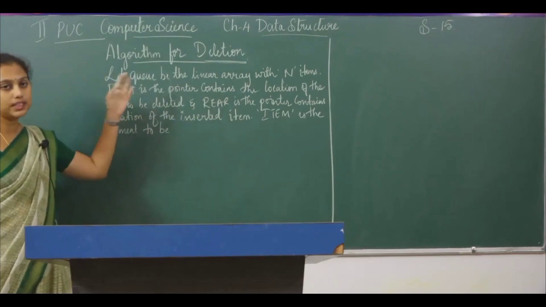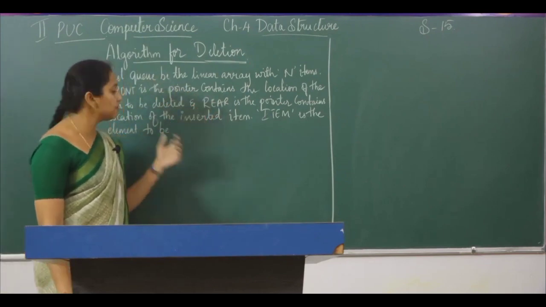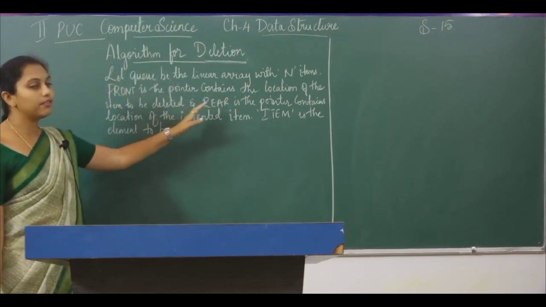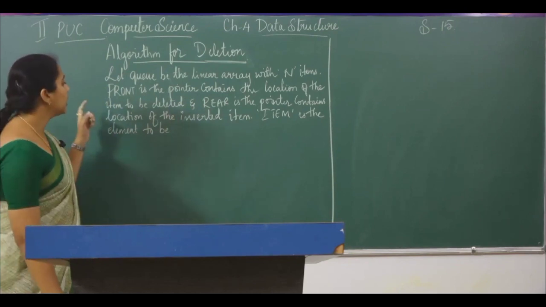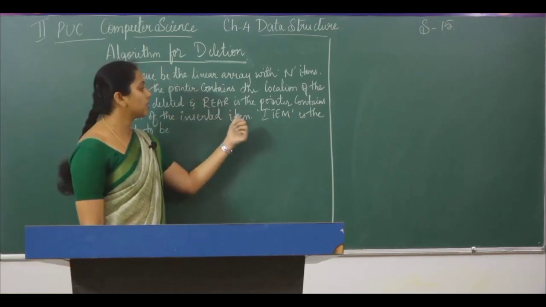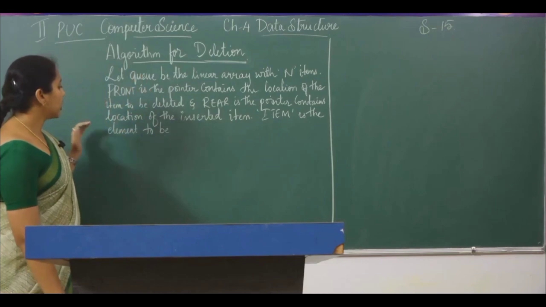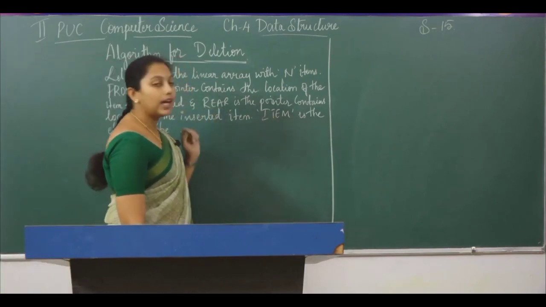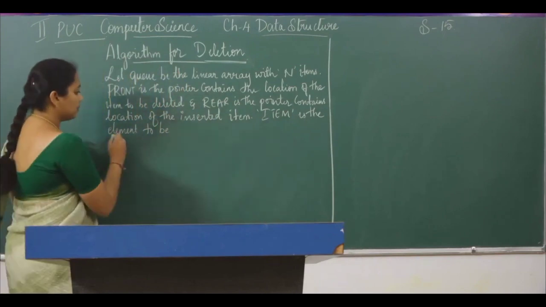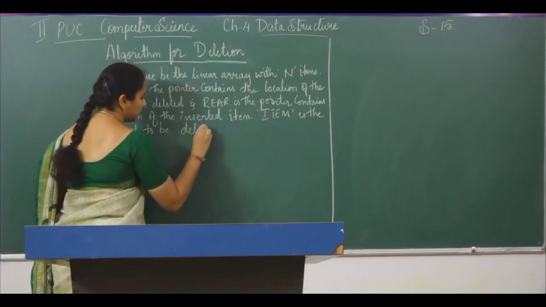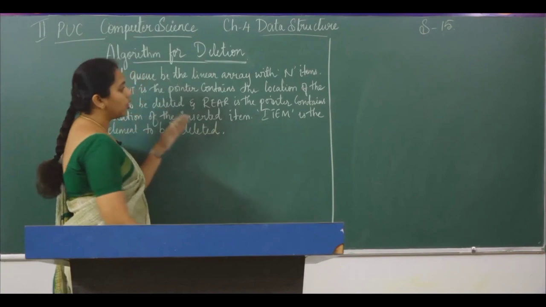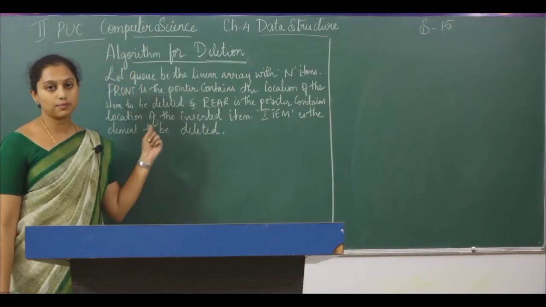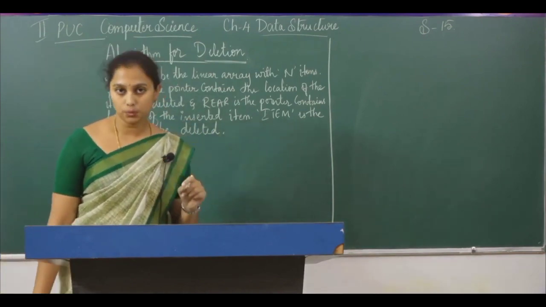So here, let q be the linear array with n items, and front is a pointer which contains the location of the item to be deleted, and rear is the pointer which contains the location of the inserted item. So here item is the element to be deleted. So this algorithm deletes an item from the front end of the queue.